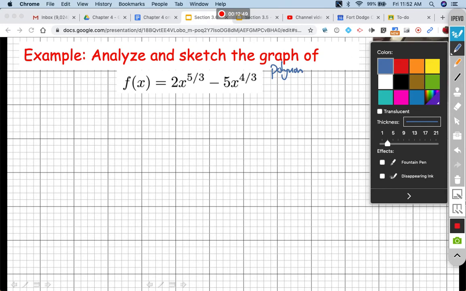Well, not quite a polynomial, but it's kind of like a polynomial. It's 2x to a power minus 5x to a power. They're positive exponents, so this is going to have a domain of all real numbers. So I don't have to worry about any vertical asymptotes on here.